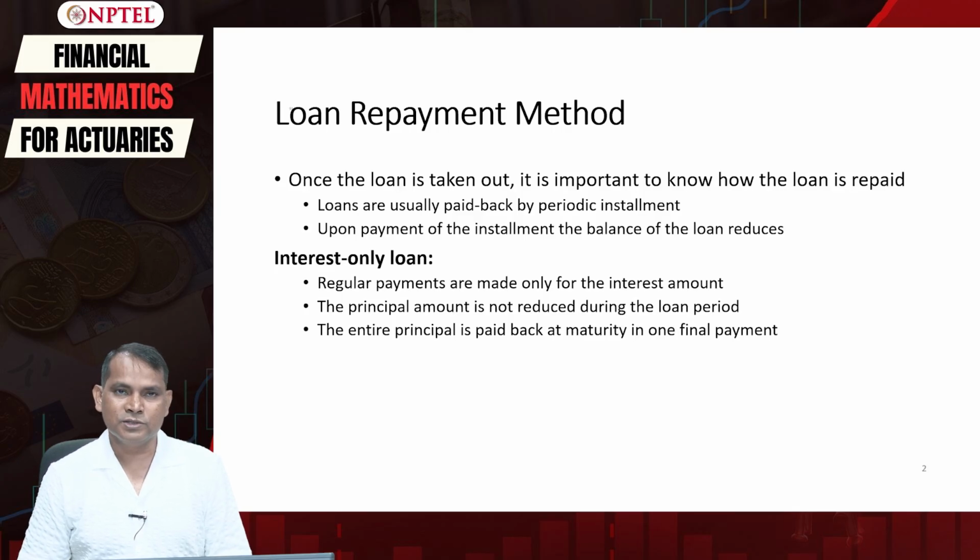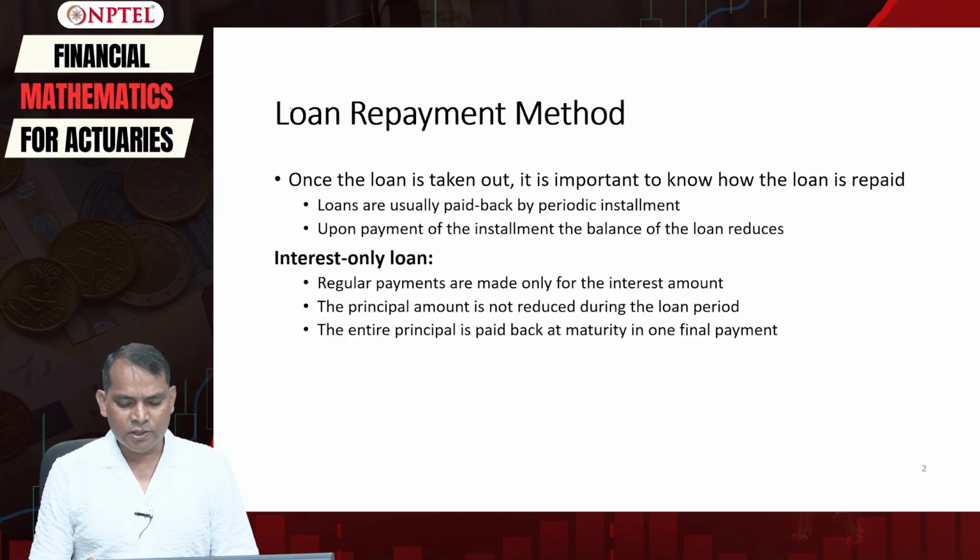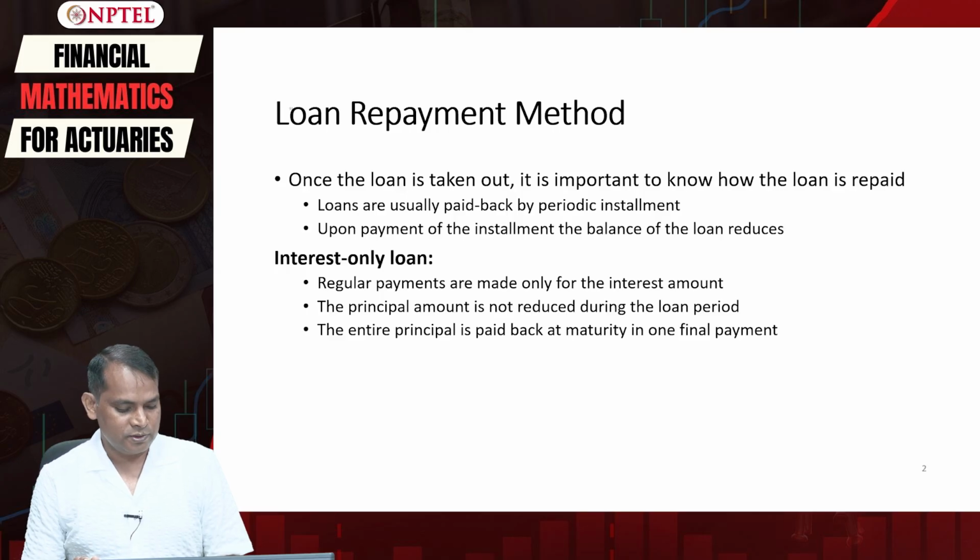In an interest only loan, there is a regular payment only for the interest amount, and the principal amount is not reduced during the loan period. The entire principal is paid back at maturity in one final payment.